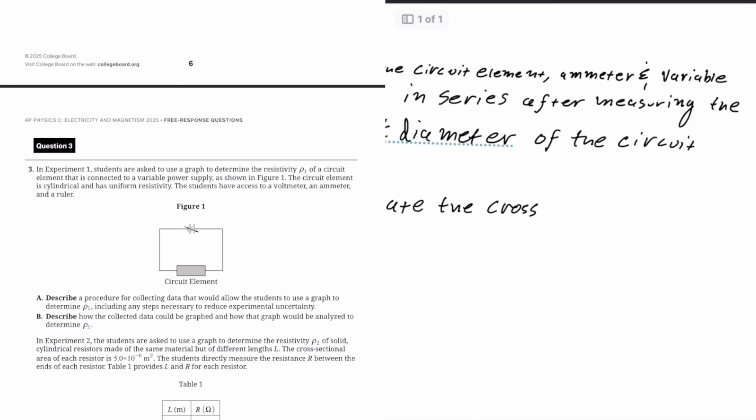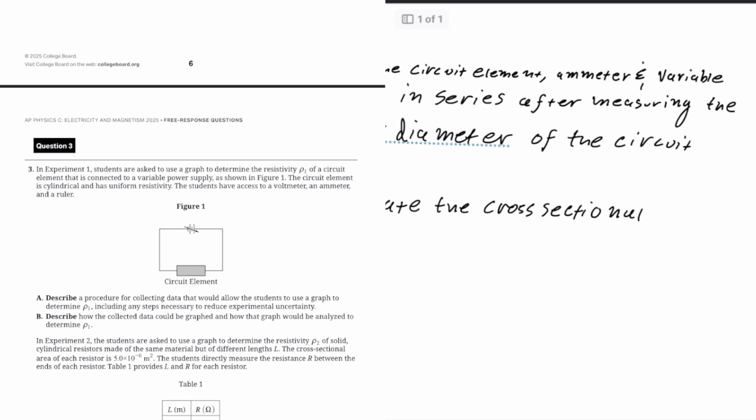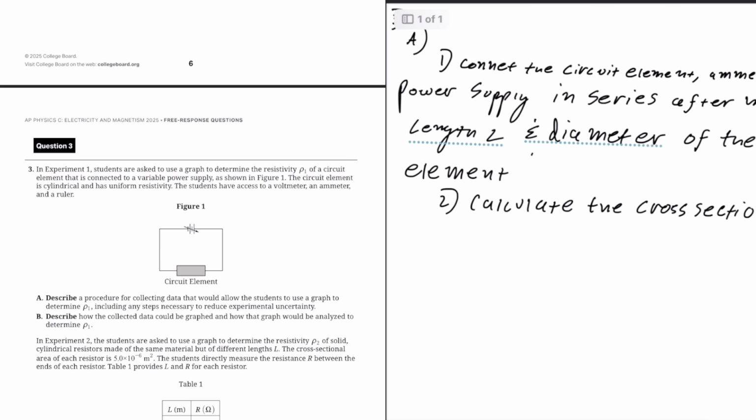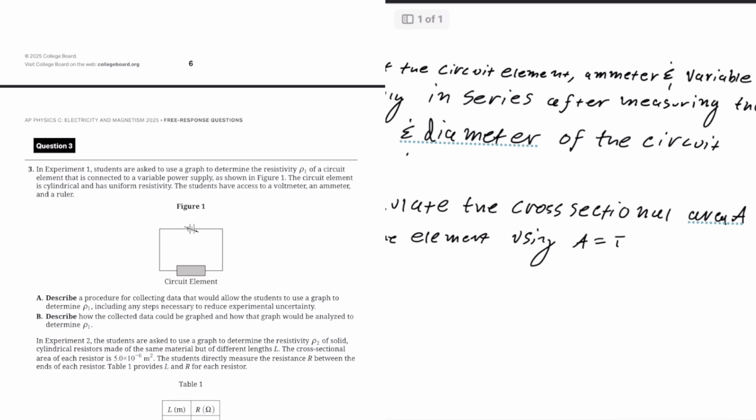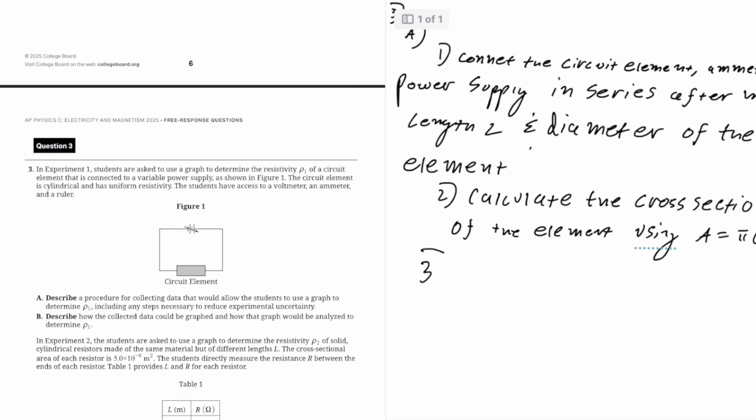This is pretty boring, because this step is always just so boring. Area A of the element using A equals pi d divided by 2 squared. Done.